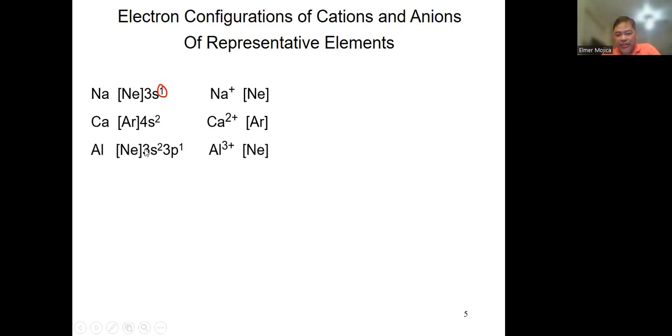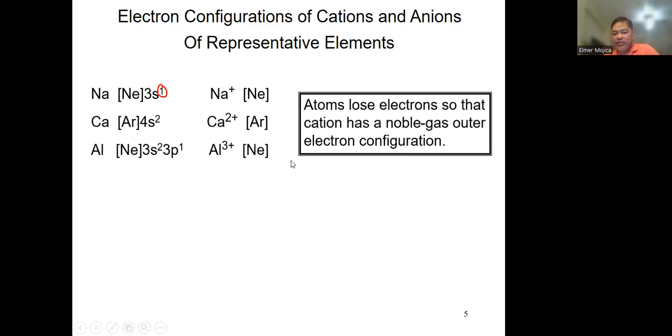If you have aluminum, you knock out the three outermost electrons. Its electron configuration is now similar to what? The noble gas configuration. So atoms that lose electrons form cations with a noble gas outer electron configuration. For instance, hydrogen is 1s1.